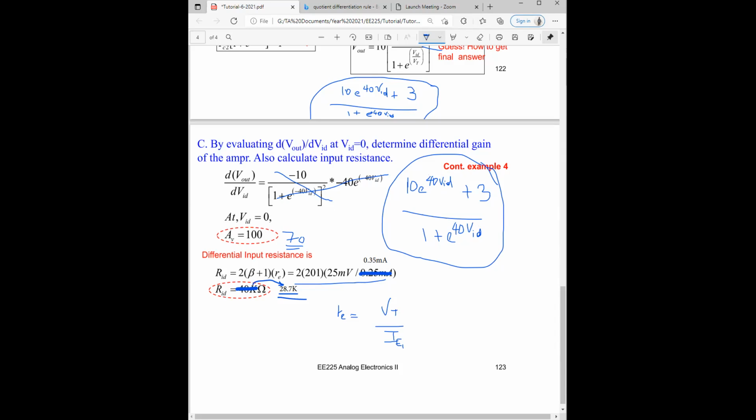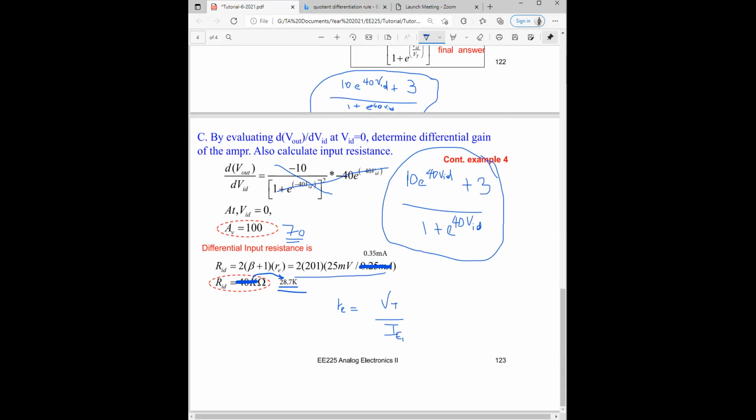So that will be 10 e to the power of 40X plus 3 whole thing upon 1 plus e to the power of 40X, right? And we have to differentiate it in terms of X, right? Remember our X is equal to VID. So we have to differentiate this. So differentiating it, if you differentiate this, you'll get this particular term, right? So you can get all the steps over here, right? As it is.